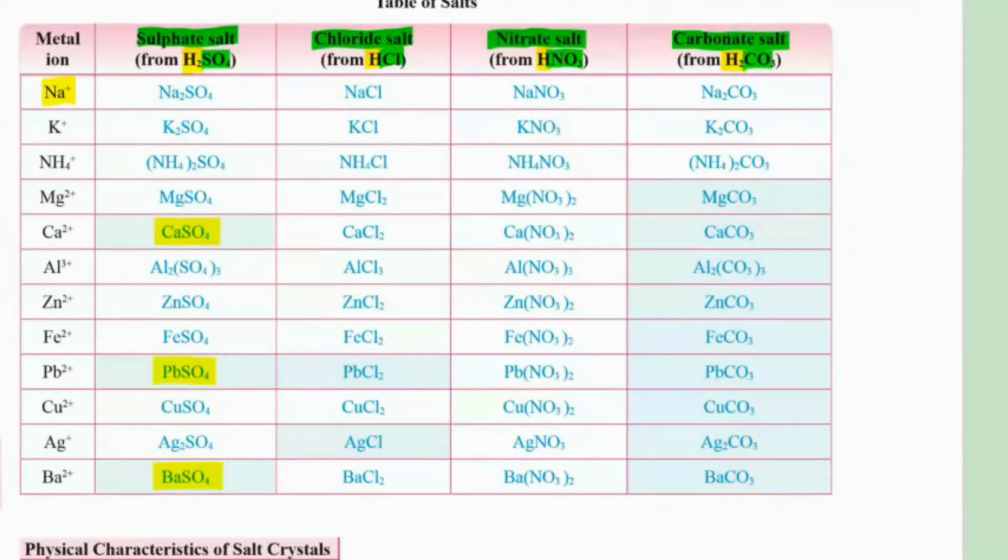Okay, for the sulfate salts, the ones I highlight here are calcium sulfate, lead 2 sulfate, and barium sulfate. These three are insoluble in water. That means if you put them inside the water and stir, they still exist in the solid form. They will not dissolve.